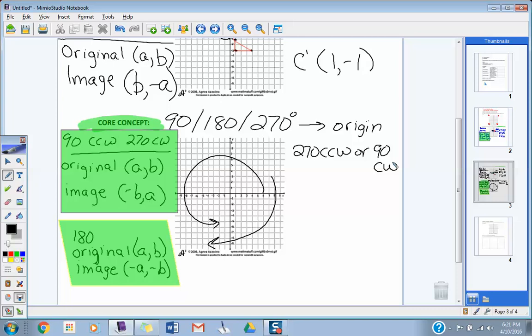And the rule again on this: if your original point is the point A comma B, then your image falls at the point B comma opposite of A. B comma opposite of A.